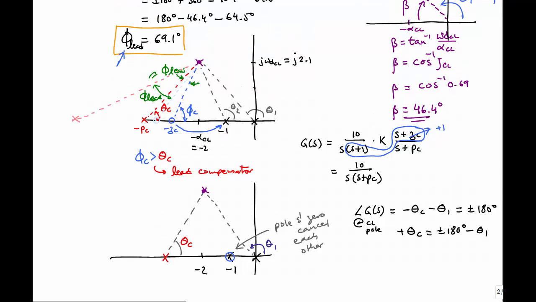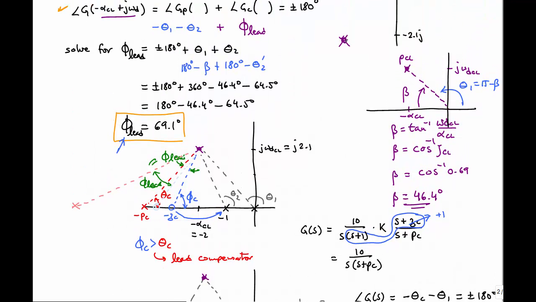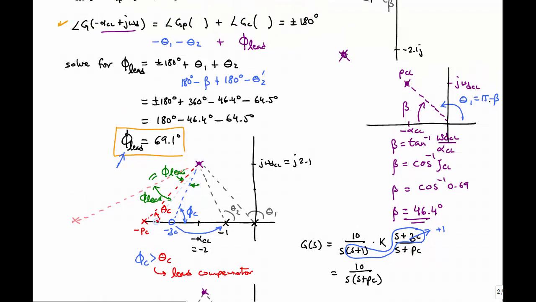So plus theta c is going to be equal to plus or minus 180 degrees, or minus plus 180 degrees, minus theta 1. Theta 1, we had found earlier, is pi minus beta.